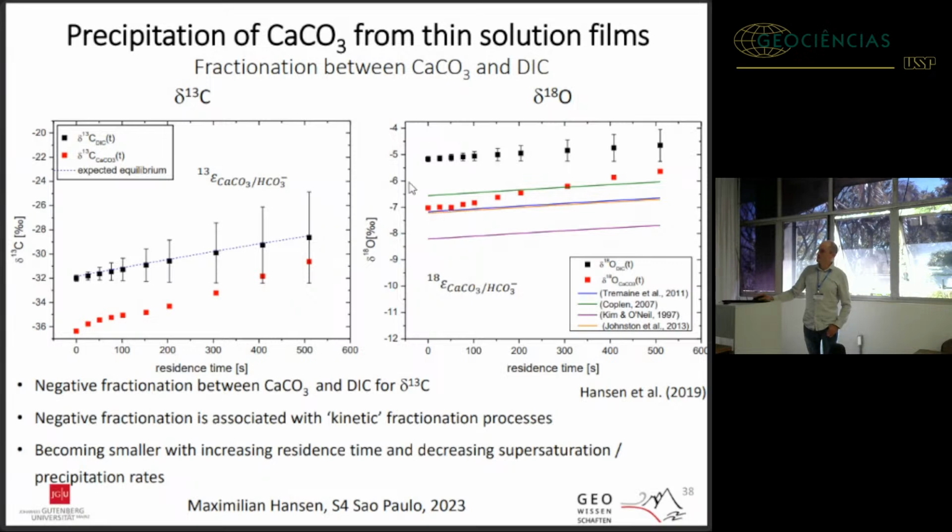But we also see the rate-dependent fractionation process. So you have the negative fractionation in agreement with the literature values, kind of. But then the solution gets enriched over time, and the fractionation becomes smaller, going away from the equilibrium line over here. Okay. All right.